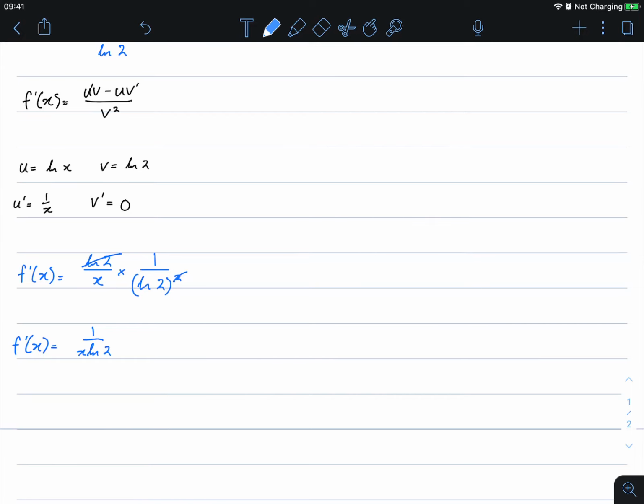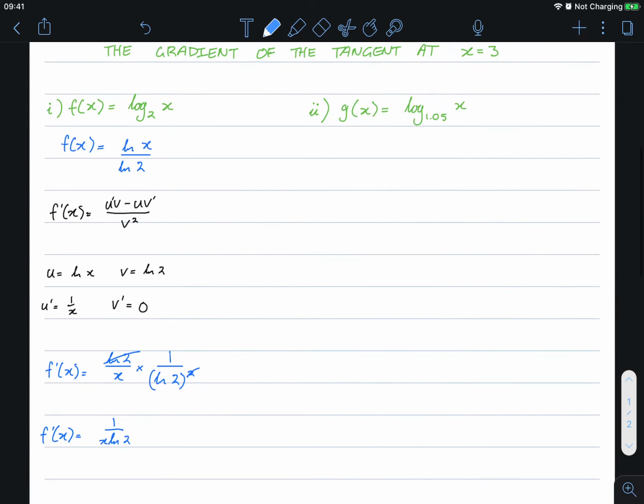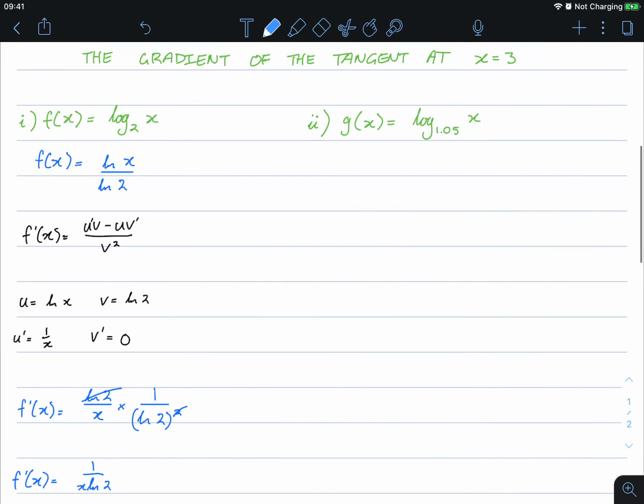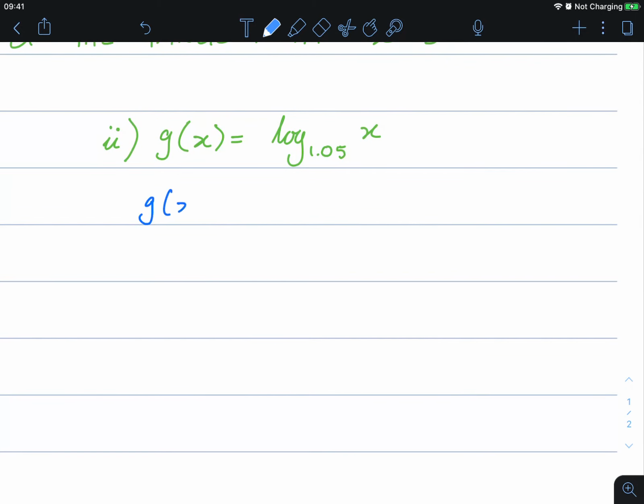And this is actually a shortcut that you can think of. It actually just becomes 1 on x ln of the same denominator. I'll demonstrate to you this in this next example with a quick shortcut here. So first, we'll change this into terms of base e.